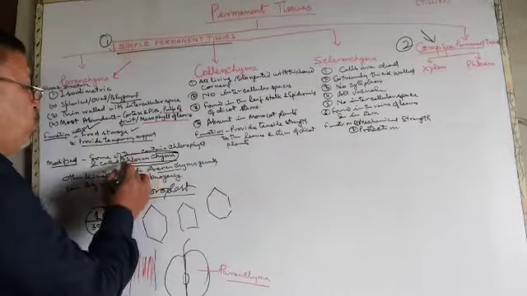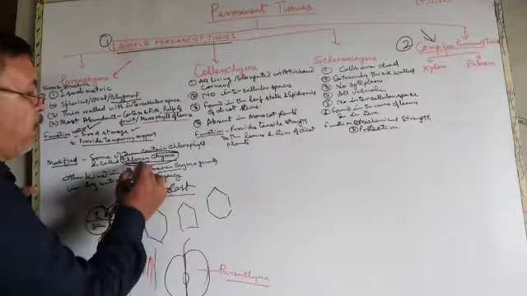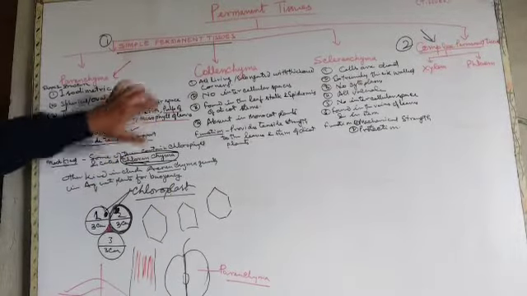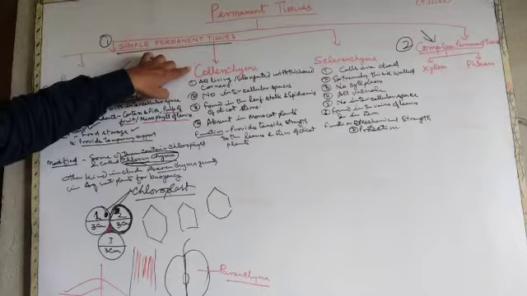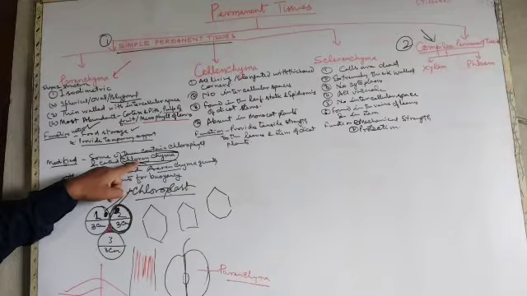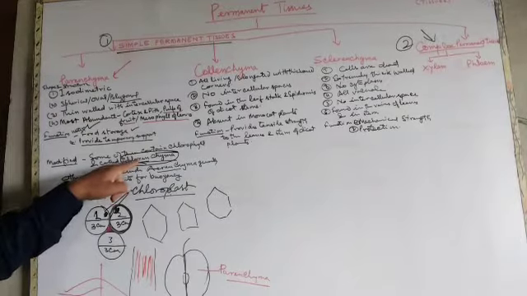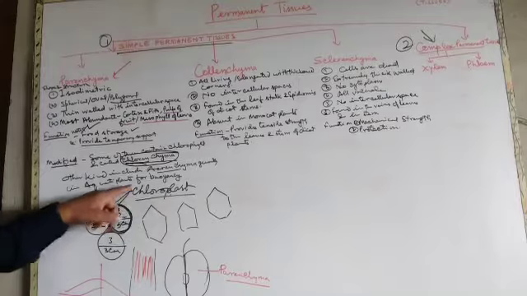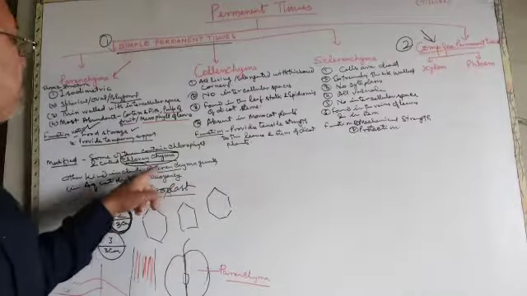Remember, chloro comes from chloroplast, so it is chlorenchyma. This chlorenchyma, you must not confuse with collenchyma, right? Collenchyma is different. Parenchyma is different. Here chloro is because of the presence of chloroplast. Is that clear to all of you?